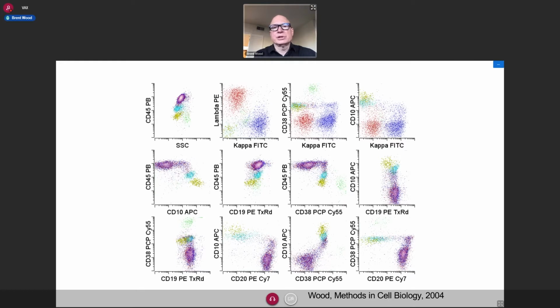So that first early stage of B cell development I mentioned is in yellow. They express CD10 at a high level, CD45 at a low level, and as they mature to the next stage of maturation in light blue, CD10 expression goes down, CD45 expression goes up, etc. And so this represents our understanding of normal B cell development and serves as our reference point. Next.